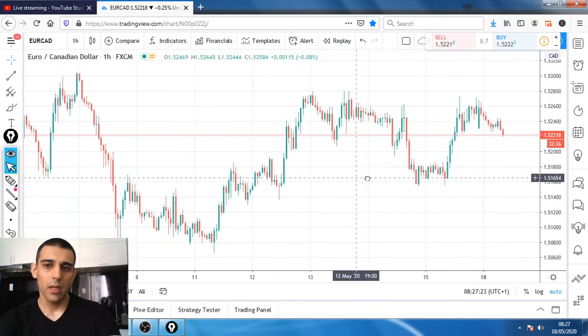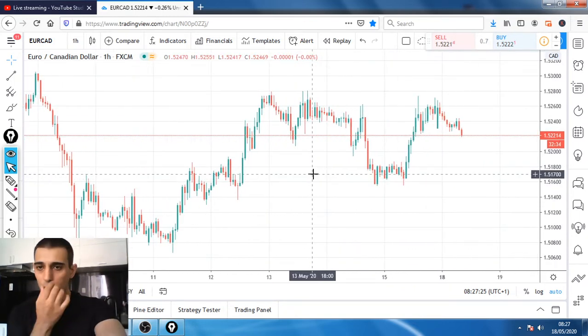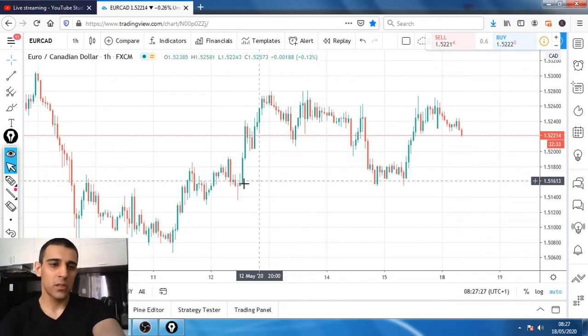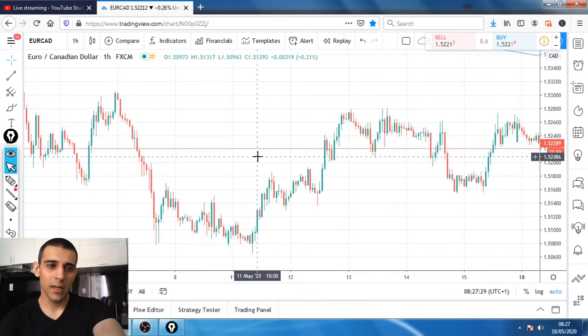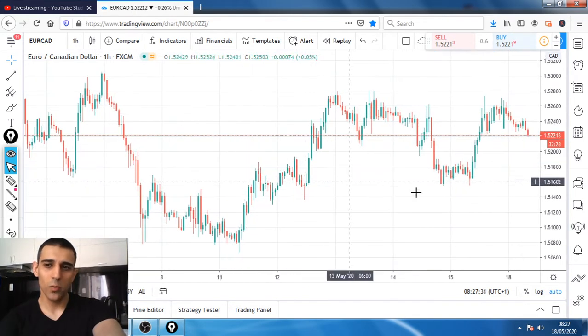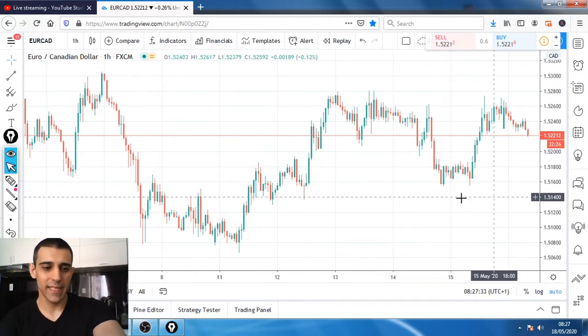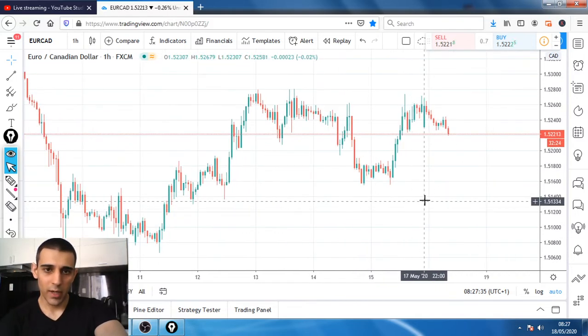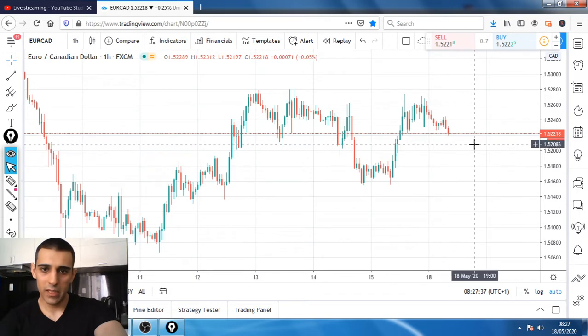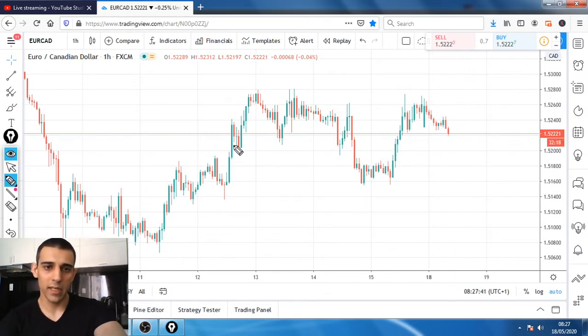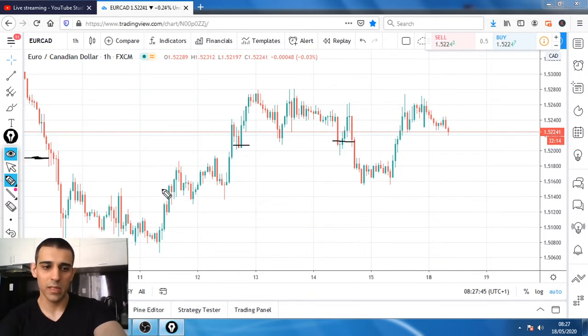Okay. I would be looking on this one for the short side, but the price has to show me that it wants to come down. The way it does that: we have this decent support level down at this 52.05 zone, as I said earlier, down to these lows, and we have other lows on the left side.